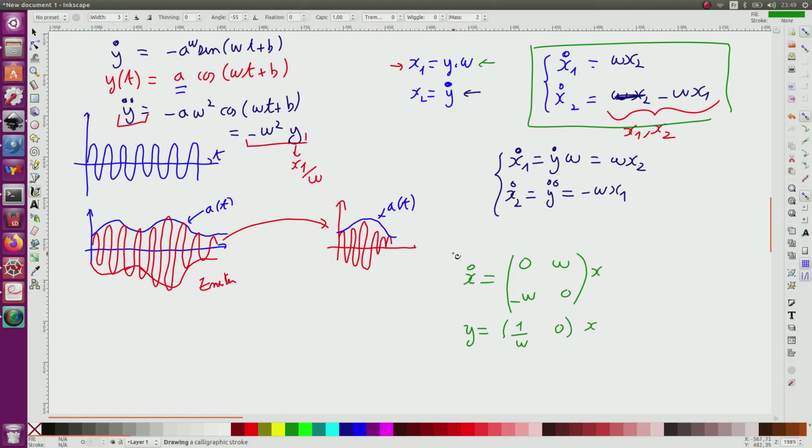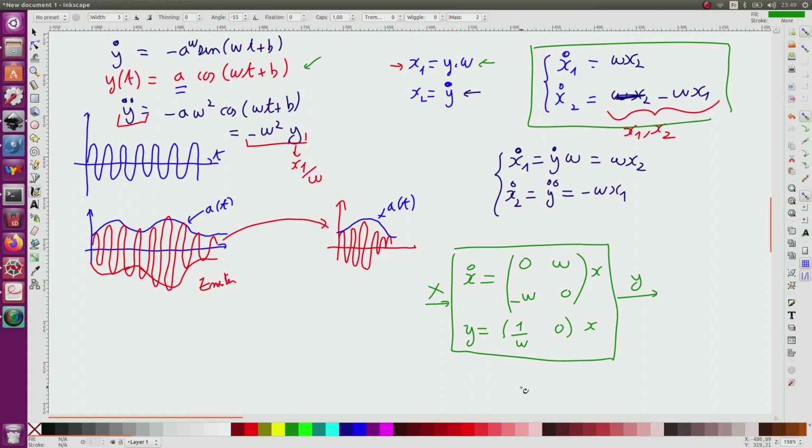So this is the state space model with no input. Here, no input. The output is y, and the corresponding y satisfy this model. So this one obeys this model.